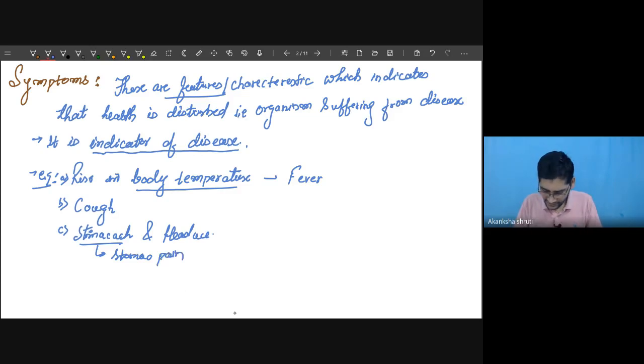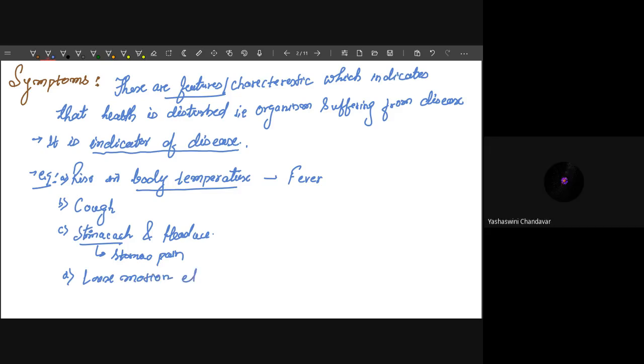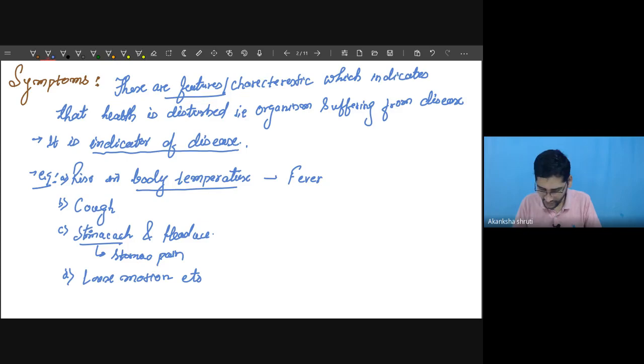So these are the common things. In addition, there could be loose motion. Yes, good. Vomiting. So under certain conditions or in certain diseases, there could be vomiting also. So these are the symptoms.